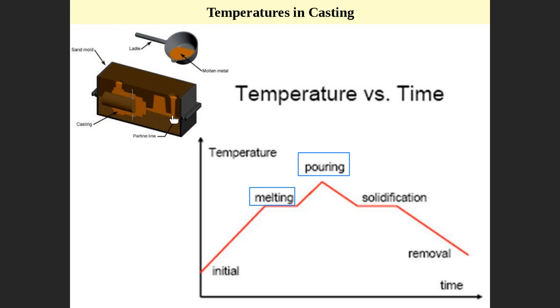If the temperature drops, solidification will start. So the material becomes solid somewhere and does not fill all the cavity. The main idea is that the liquid metal must fill all the cavity successfully.